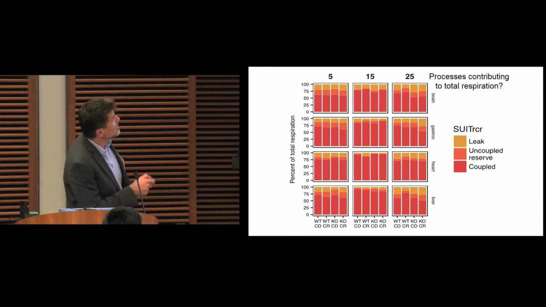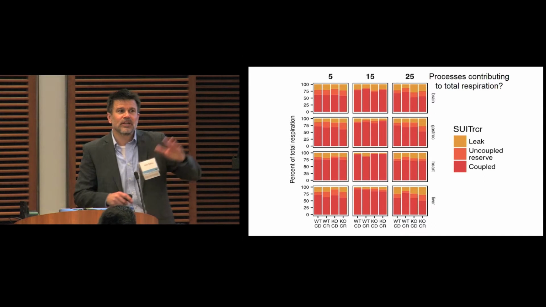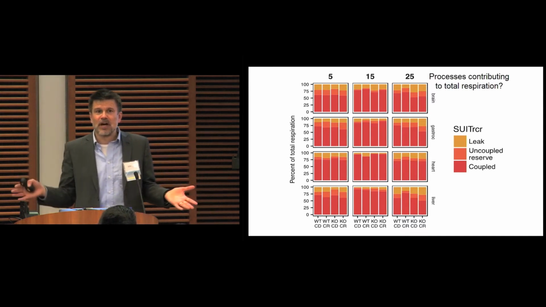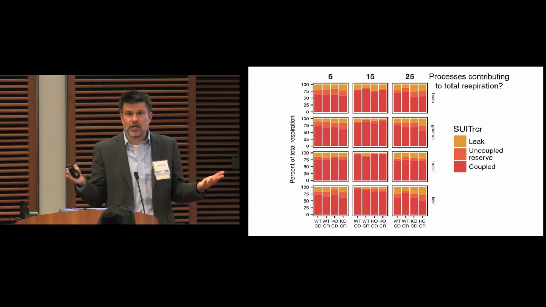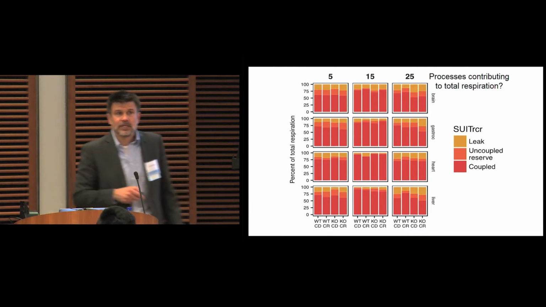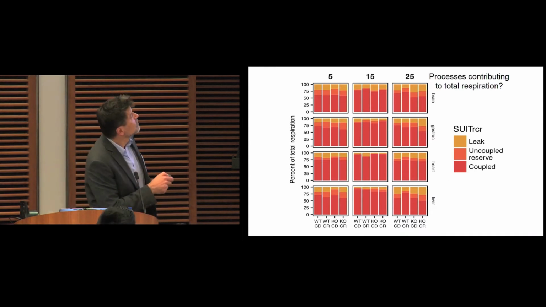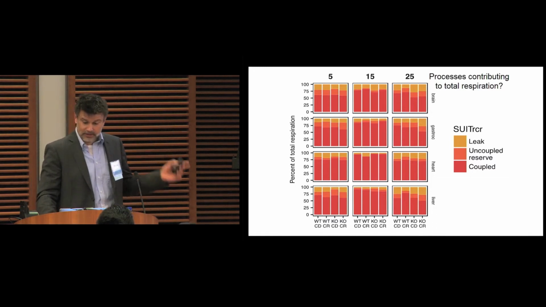So which one of these things is not like the other? 15 months of age doesn't look like 5 or 25. So another way to say that is 5 and 25 look like each other in terms of the amount of uncoupled respiration and leak. So this is the least, so this area up here, you can see there's the most coupled respiration as a function of the total respiration, which is wild.